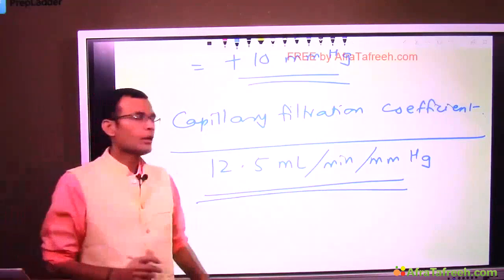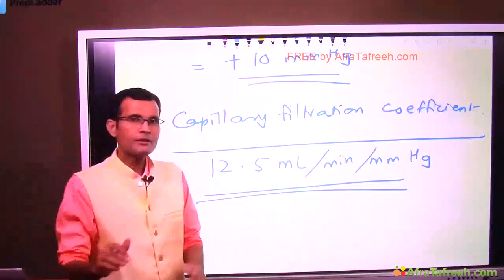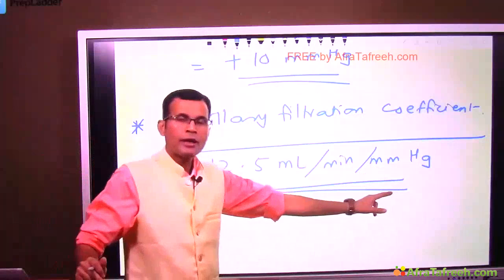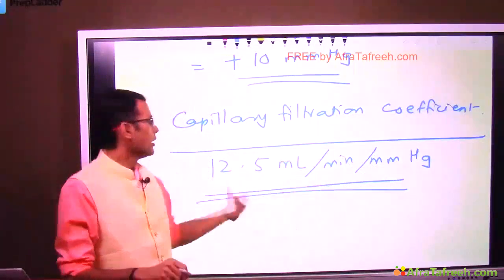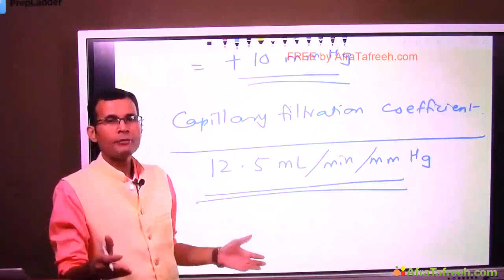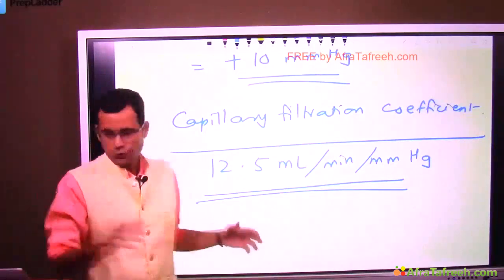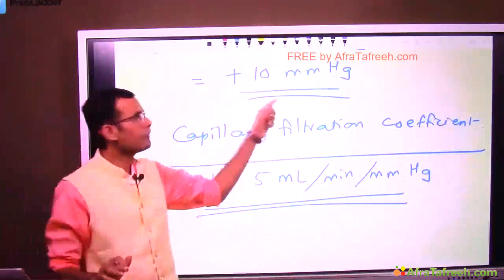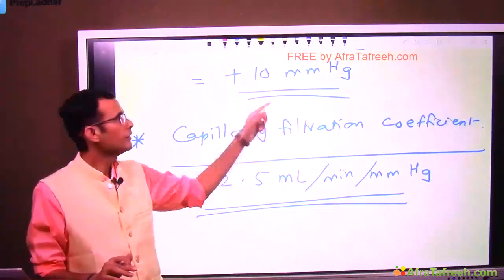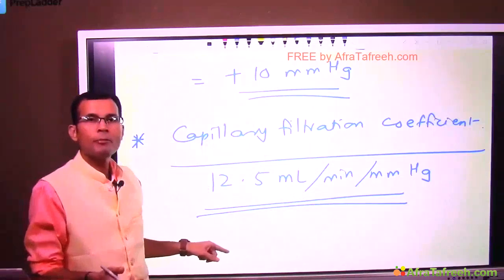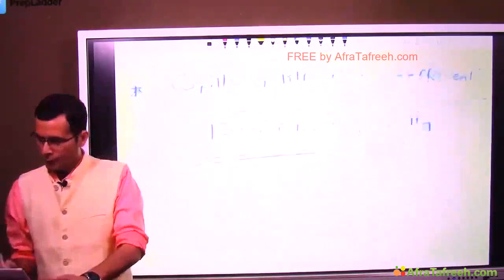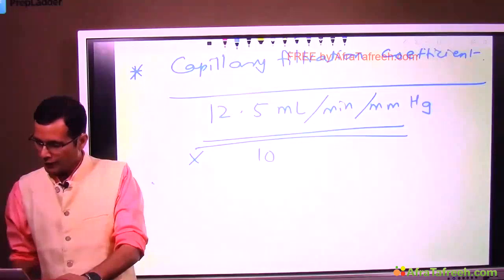Remember? Okay. That means for every 1 mm of Hg of net filtration pressure, in 1 minute, 12.5 ml filtrate will be formed. So then, how much is the net filtration pressure? 10 mm of Hg. So for 10 mm of Hg, how much filtrate will form every minute? 12.5 into 10.